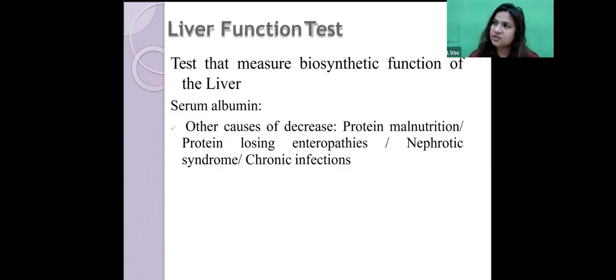Conjugated bilirubin is soluble in water and gives a direct positive Van den Bergh reaction, while unconjugated bilirubin is insoluble in water and gives an indirect positive Van den Bergh reaction.